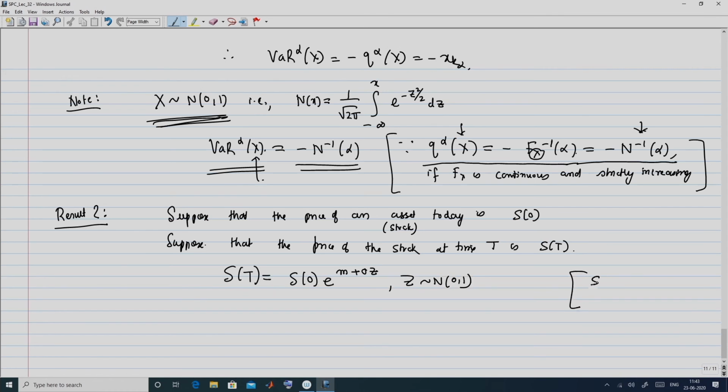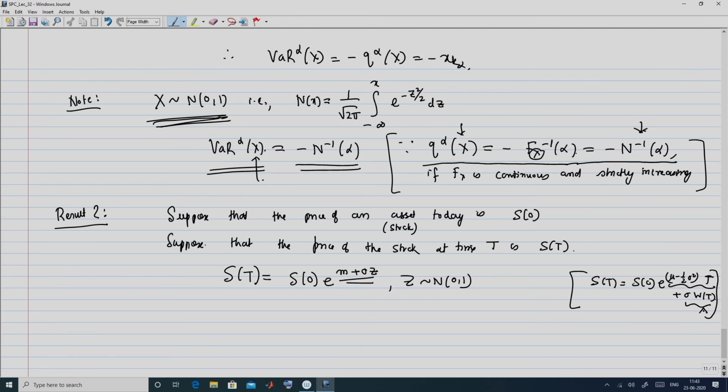We recall that one of the forms was S t equal to S0 into e raised to mu minus half sigma square into T plus sigma W of T. So, this is another way of writing where we take this term to be m, and sigma W t is going to be simply sigma z.